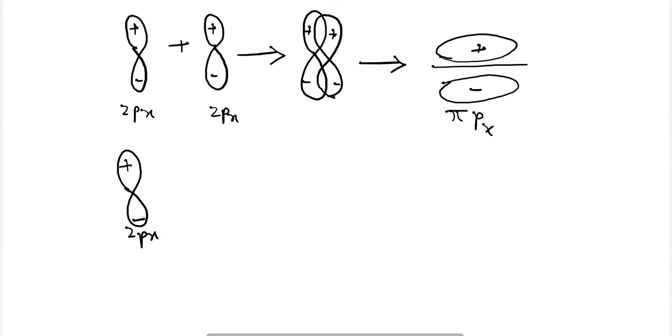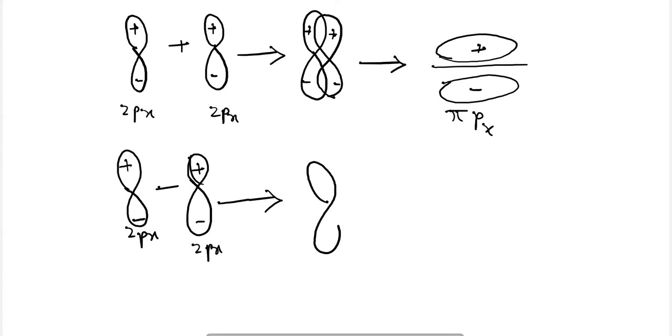But for anti-bonding, plus minus plus, 2px. If they are combining, the combination will be opposite.